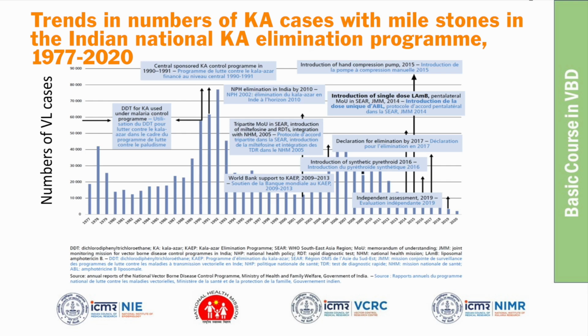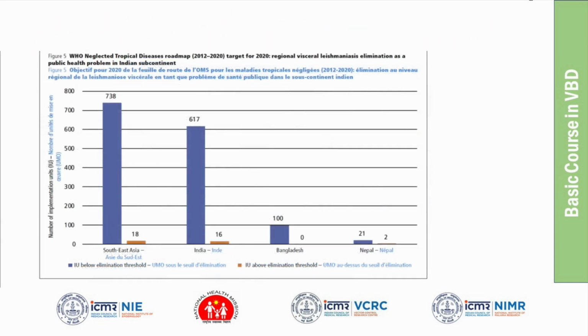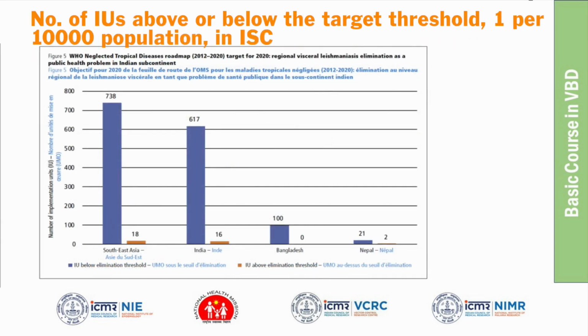An independent assessment was done in 2019, which showed that there is a clear declining of incidence in India. Whereas in Bangladesh and Nepal, the cases have already come down below 1 per 10,000 population. Here, this picture shows the number of implementation units above or below the target threshold of 1 per 10,000 population in the Indian subcontinent.